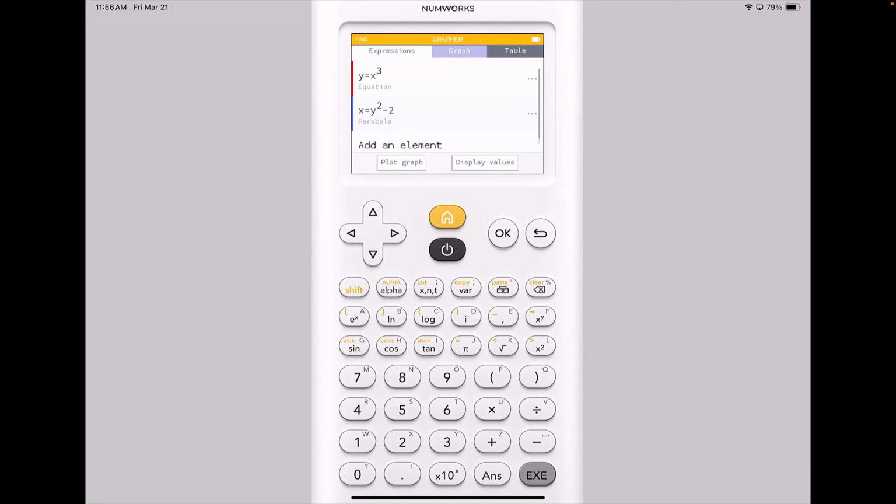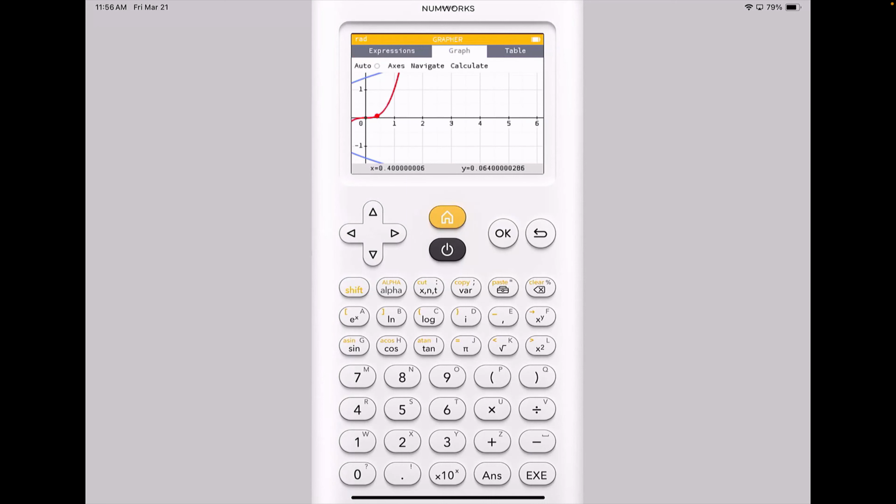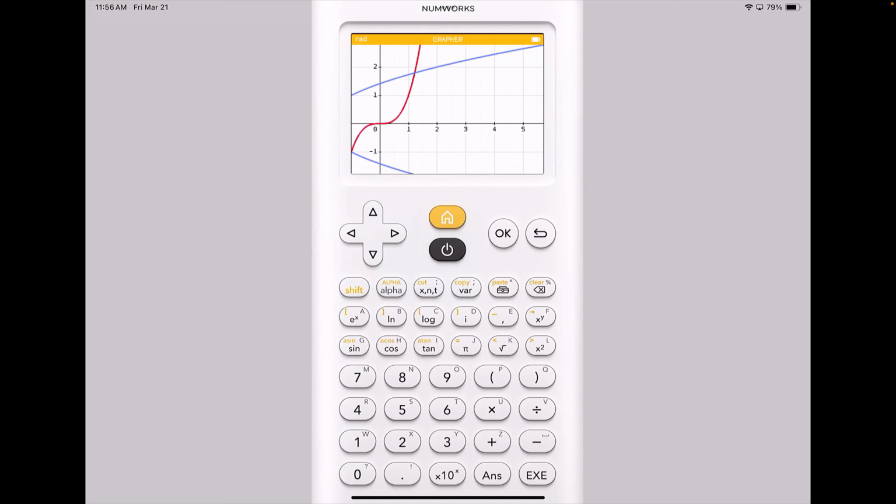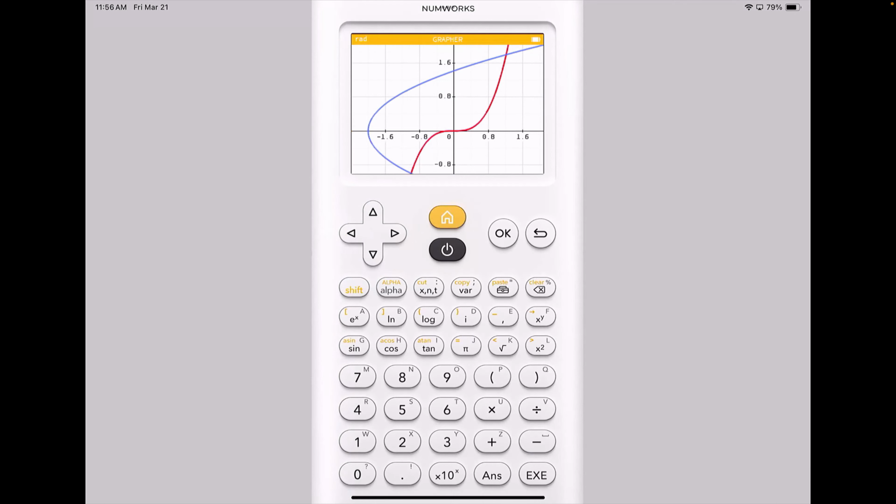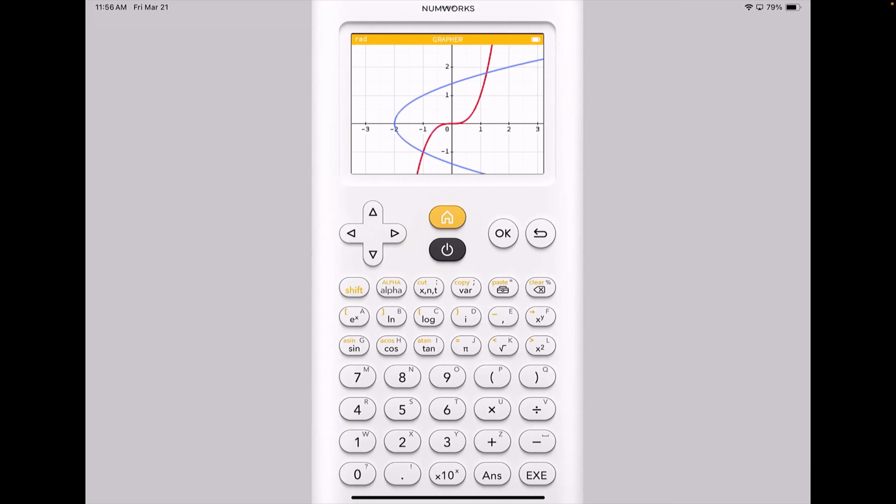Go to graph. The image they give me is kind of off, so I'm going to go up to navigate and get a centered picture of it. I'm going to scroll over, and there it is right there. Now let's go minus. So there's my picture.